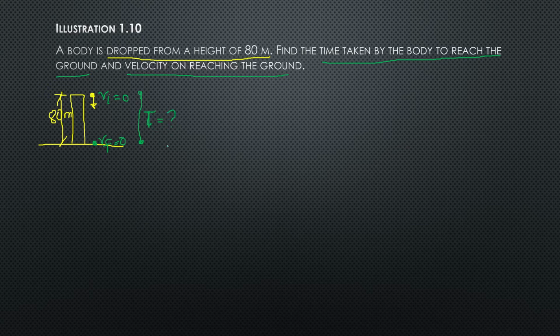So recall the formula for time of fall. Time will be equal to square root of twice the maximum height over acceleration due to gravity. So this is equivalent to square root of twice the height 80, so 2 times 80, over 9.81.